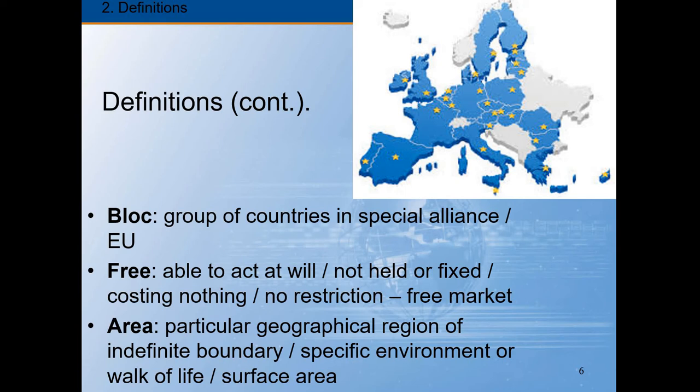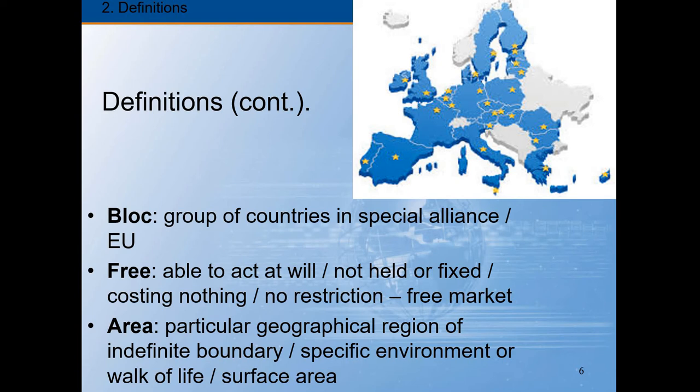Free refers to being able to act at will, not held or fixed, no restrictions. So a free market is basically where goods and services are traded without restrictions or taxes. And an area is a particular geographic area or region with a definite boundary.